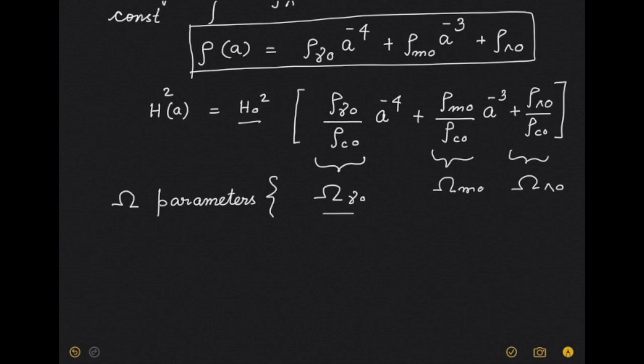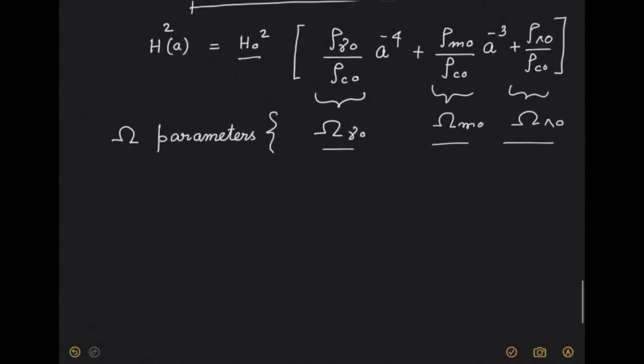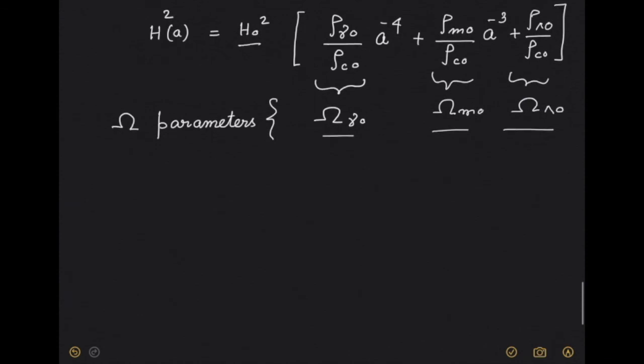So we have got 4 parameters which are very important, h naught and 3 omegas. And let's see whether they are 4 independent parameters or not. That we should be clear about right now. See what happens at present again. So this equation, let me first write it in terms of the omegas.